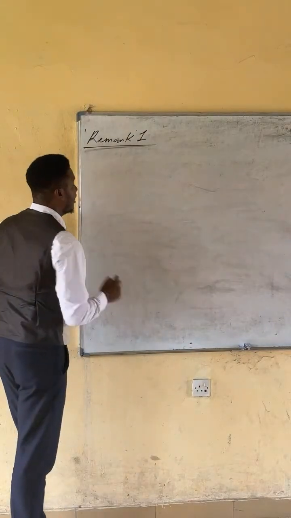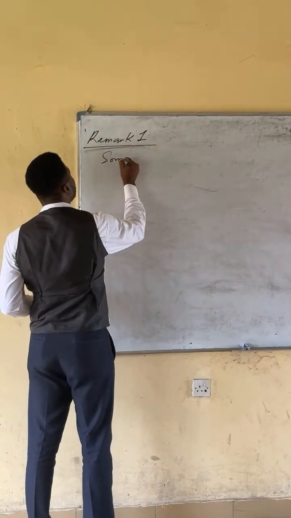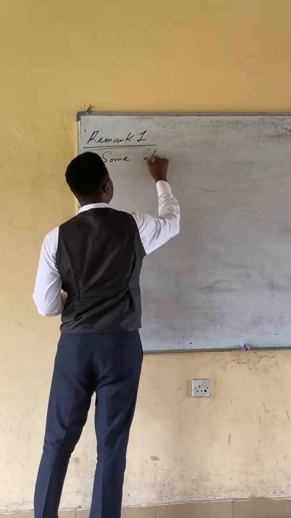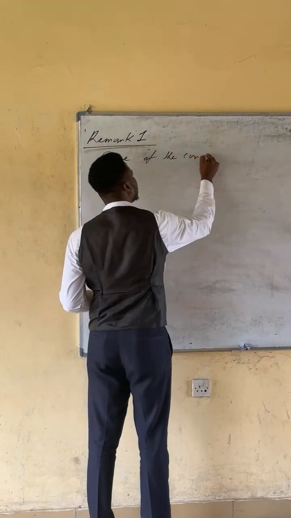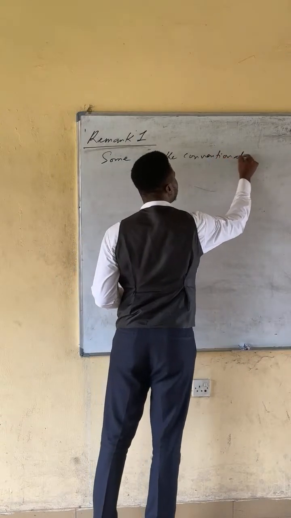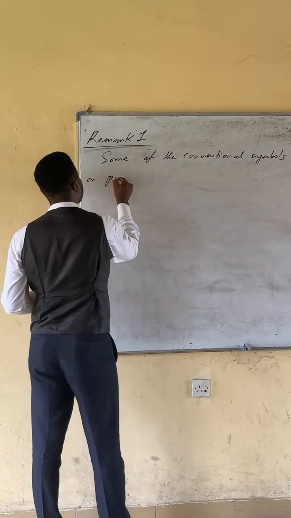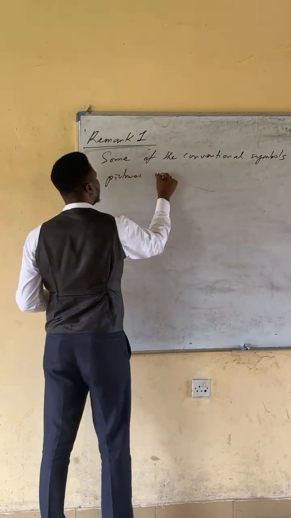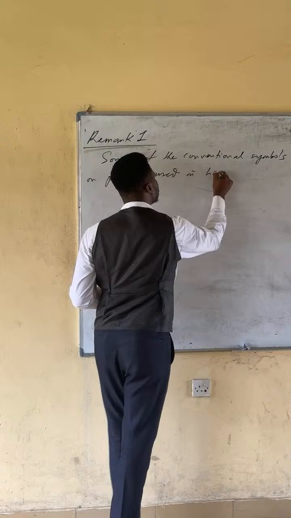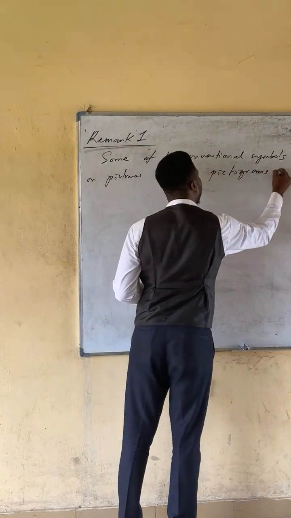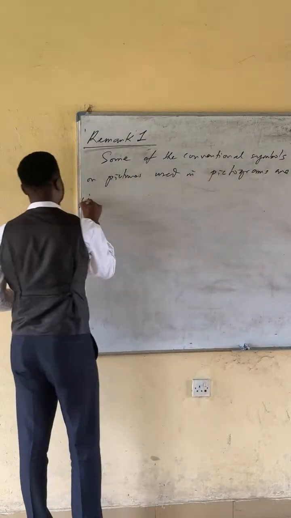Now, before we answer that question, some of the conventional symbols or pictures used in pictograms are: 1.